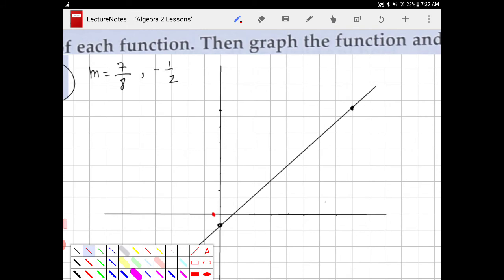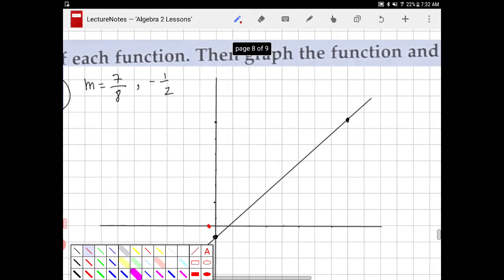This point over here, which was at (8, 6.5). When I reflect it, where am I going to end up? I'm going to end up at (6.5, 8). So it's located here, comma 8. So over there.